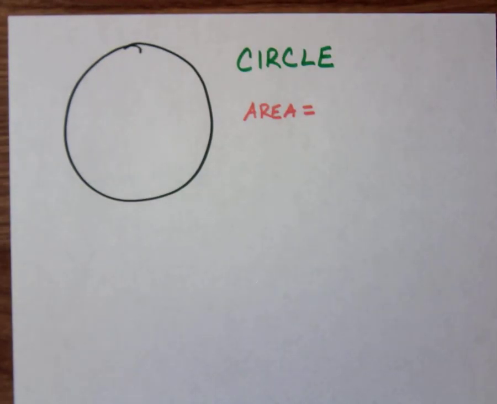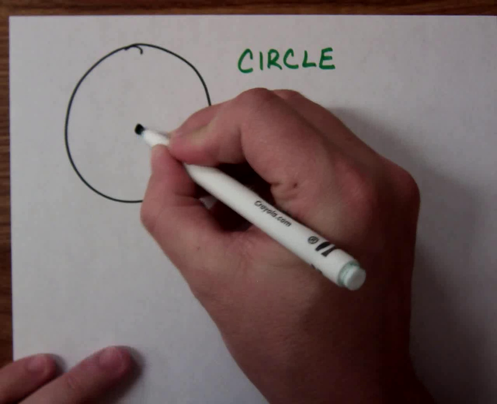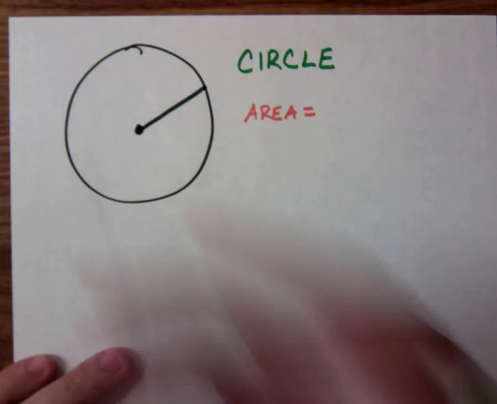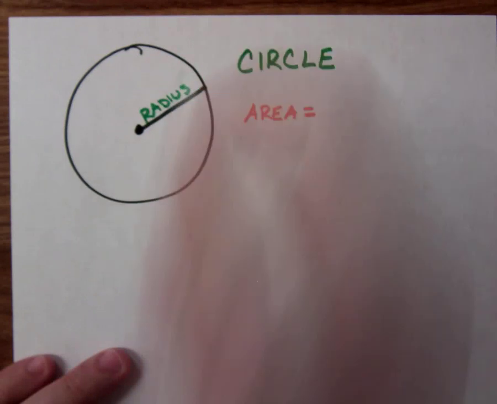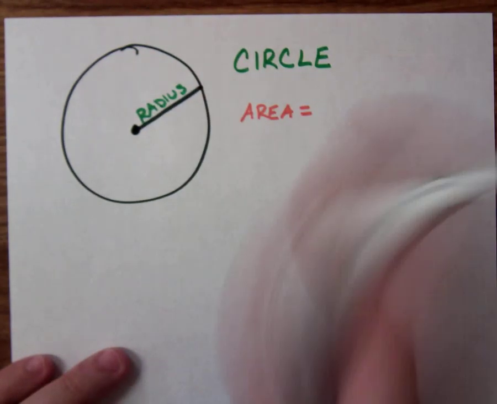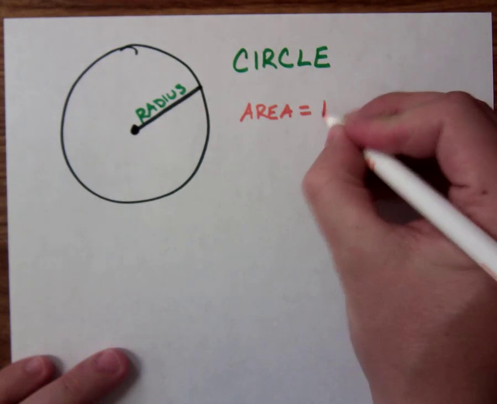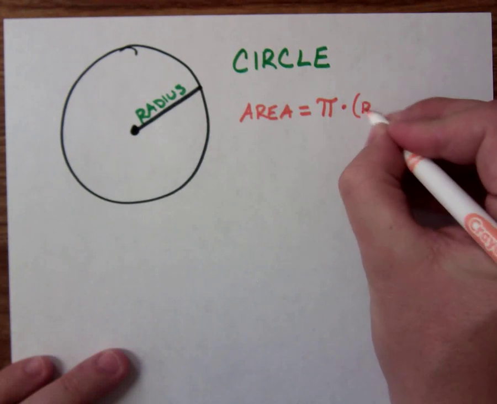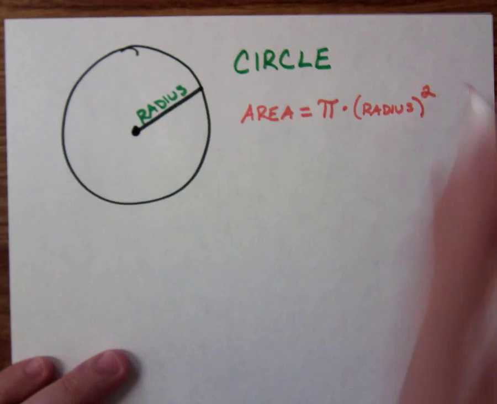Just like that circumference formula, we do need to know one of the pieces of the circle. Specifically, we need to know the radius. And once you know the radius, we can do the area formula, which is pi multiplied by the radius squared.